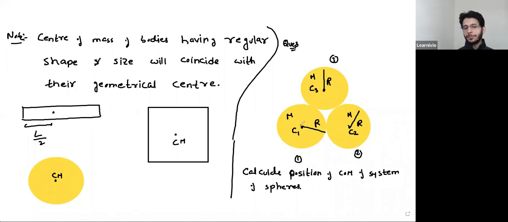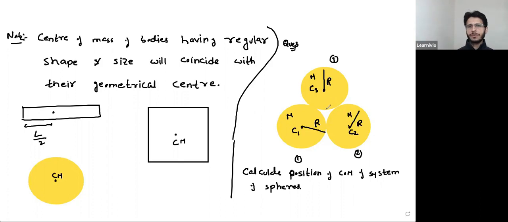First of all, you will replace these spheres by their respective center of masses. Now, how many center of masses you have in your system? 3. Now, you will replace each of the spheres by their center of masses and you will calculate a common center of mass of the system. You will calculate common center of mass of all 3 spheres.